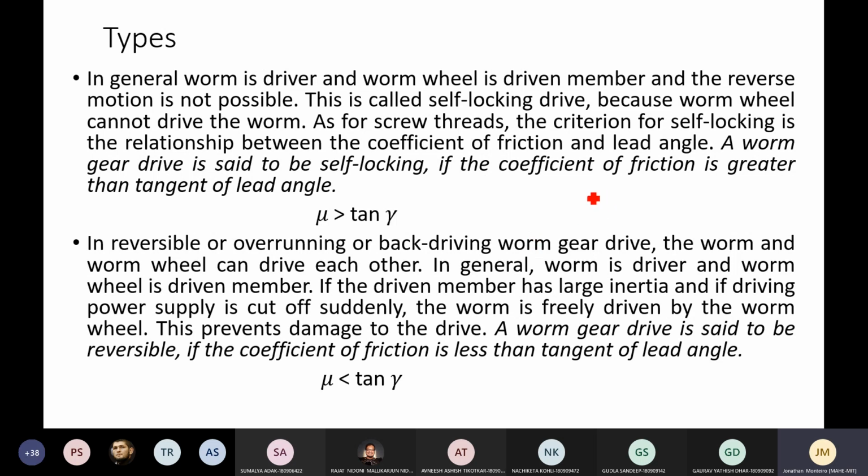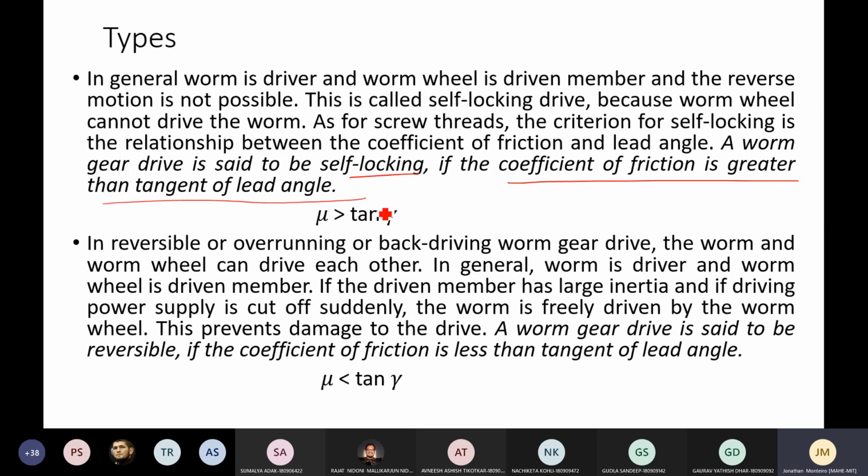Very similar to what you have learnt with respect to power screws, the same thing applies here. It is self-locking if the coefficient of friction is greater than the tangent of the lead angle. Coefficient of friction greater than tangent of the lead angle, it is self-locking.